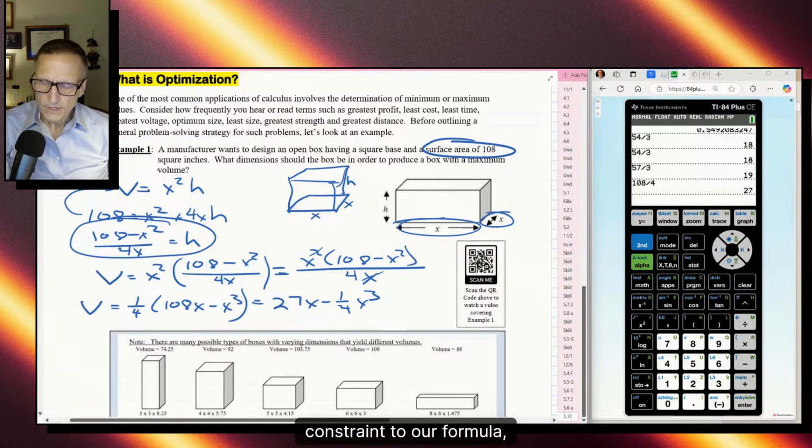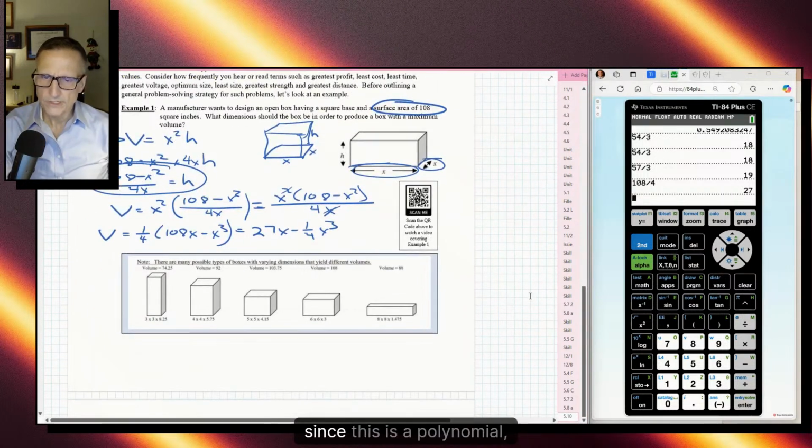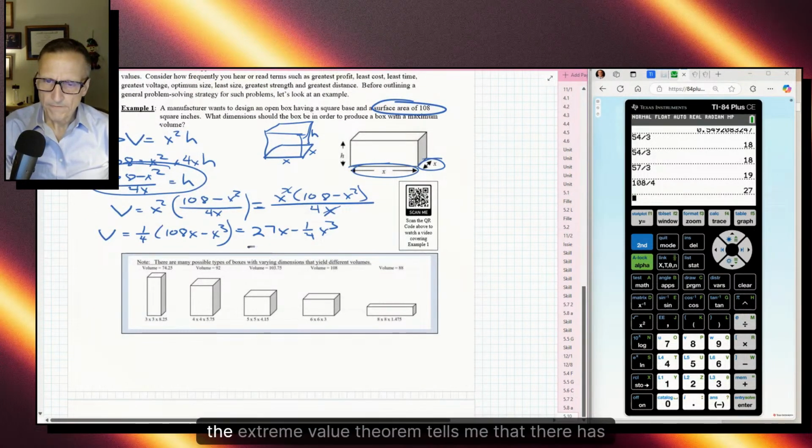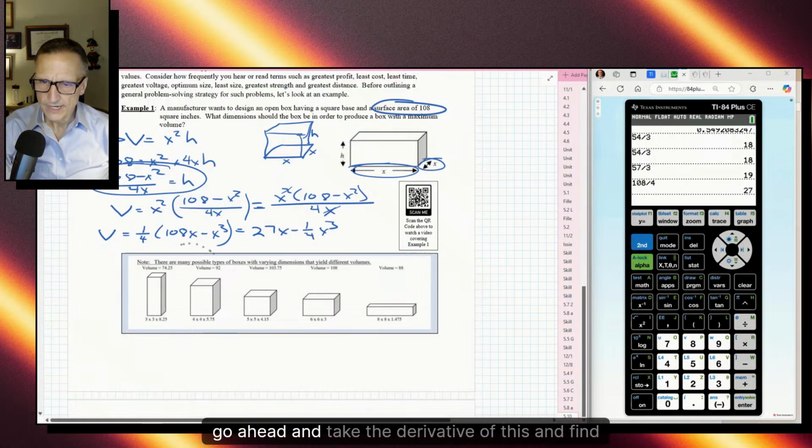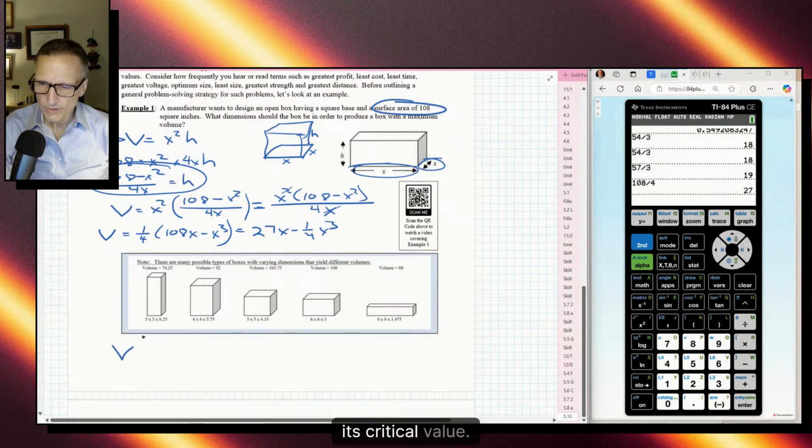Well, we're now going to use our extreme value theorem, right? I'm going to assume then, since this is a polynomial, the extreme value theorem tells me that there has to be an absolute maximum value if I pick an interval. Well, what I'm going to do is go ahead and take the derivative of this and find its critical value. So that would give me 27 minus 3/4 x squared.